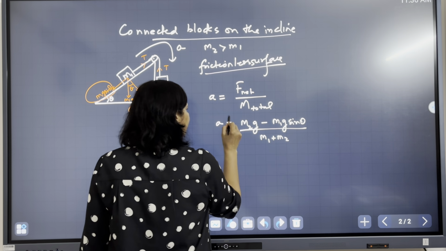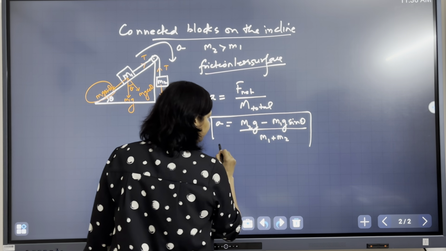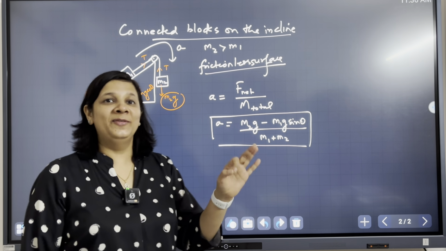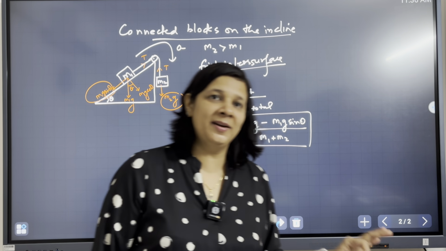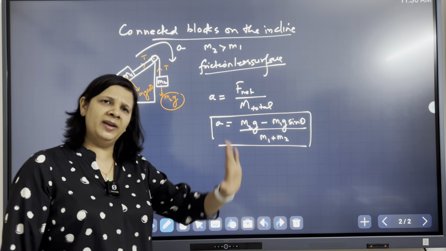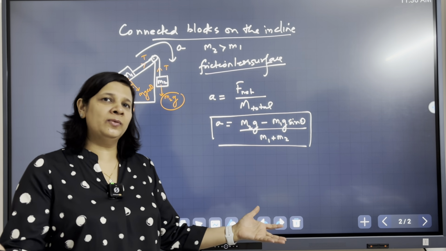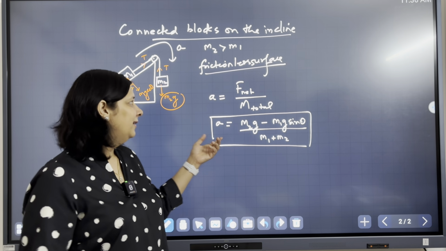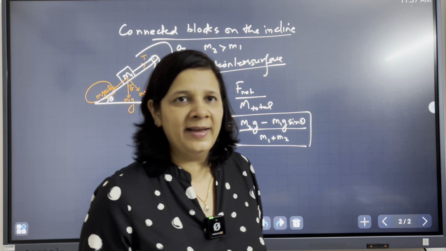It is very important to have an intuition of this. We can directly write the acceleration without drawing the free body diagram and writing two simultaneous equations. We can do that also. If they ask you to calculate the tension, we'll do that. But if they do not ask you to calculate the tension, then you can just directly find the acceleration.